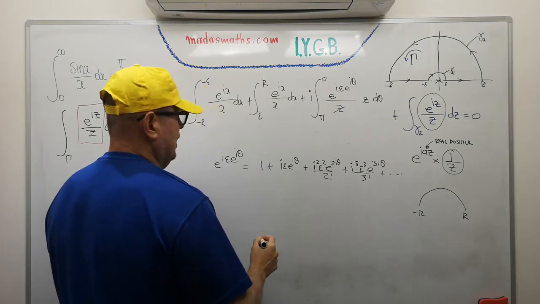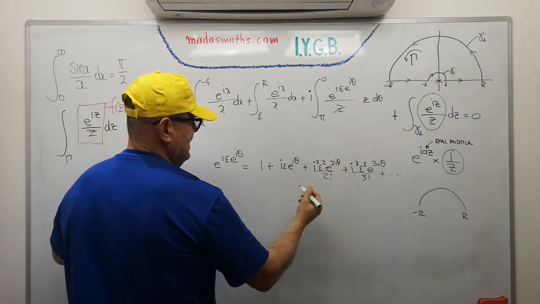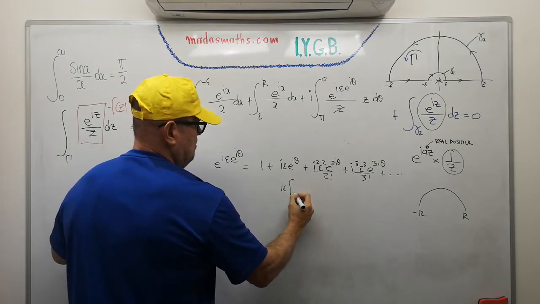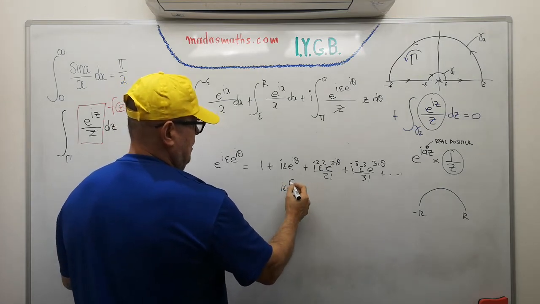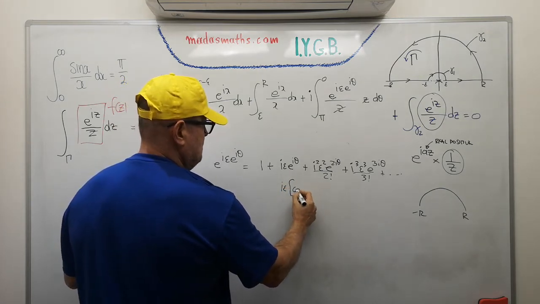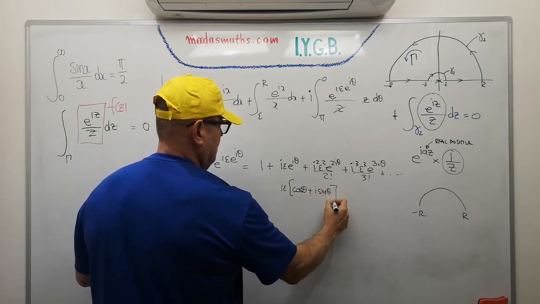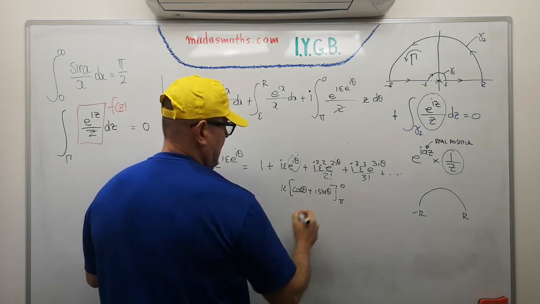And if you look at all of those terms, the e to the 2i theta is just sines and cosines, so the terms are of the form, let's do one at a time perhaps, cos theta plus i sine theta. This is this bit here between the limits of pi and 0.